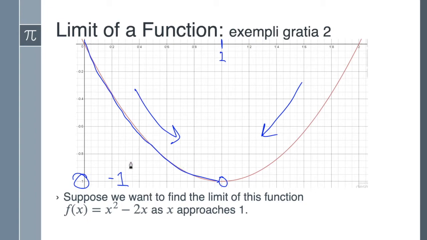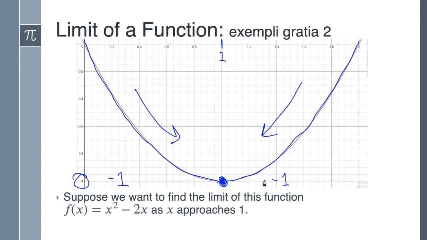Now, let's try to verify if this is also true for approaching from the right. So from the right, we will be tracing the graph, and then eventually we'll still be ending at the same spot as from the left. So this is still -1.